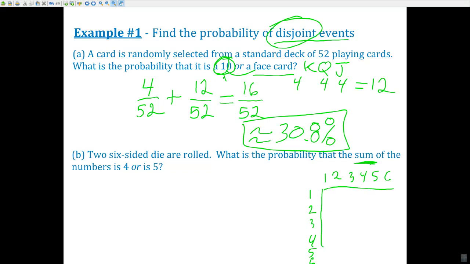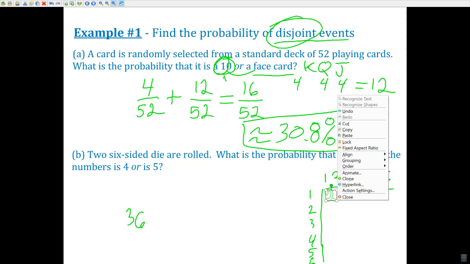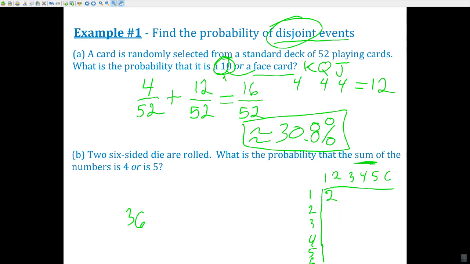We really have 36 combinations. It's a 6x6 grid. So there's 36 possibilities, right? A 1 and a 1 is 2. A 2 and a 1 is 3.